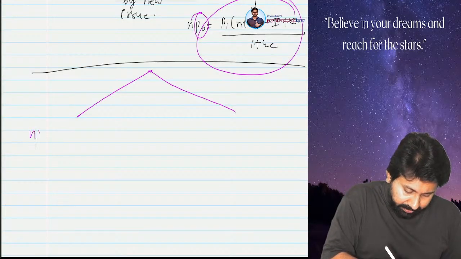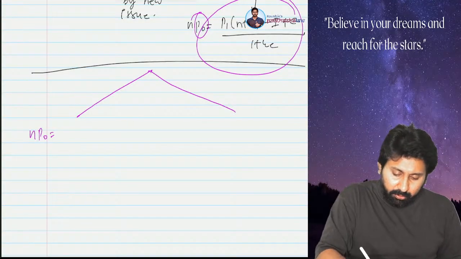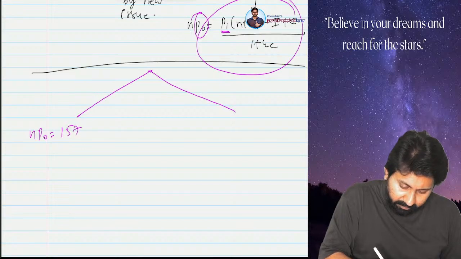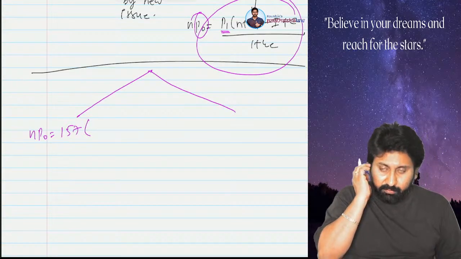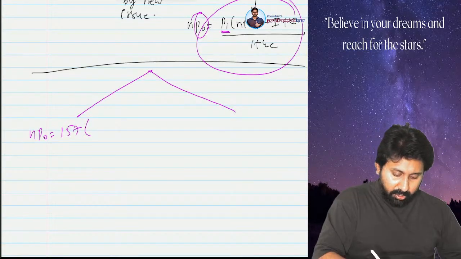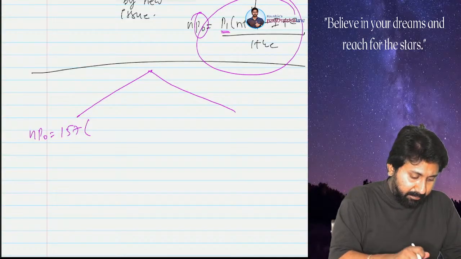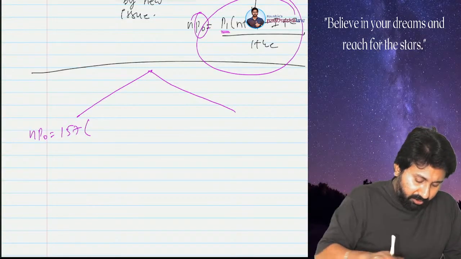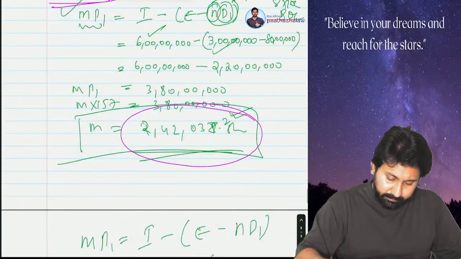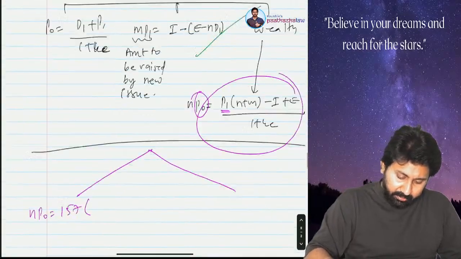See here. nP0 equals P1 into (n plus m) minus I minus (E minus nD1), here 157 into the number of shares. How many shares are there? 10 lakh. Take calculator. Plus m, 2,42,038.